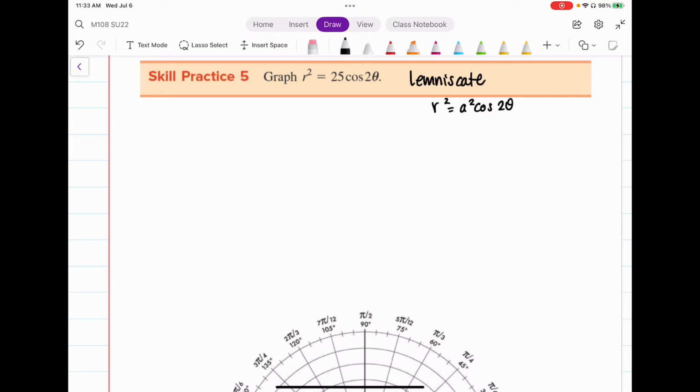In this case, this means that a is 5. And because it's of the form cosine 2 theta, it is a figure 8 that runs horizontally. It has symmetry to the polar axis, whereas a sine has symmetry to the line theta equals pi over 4.